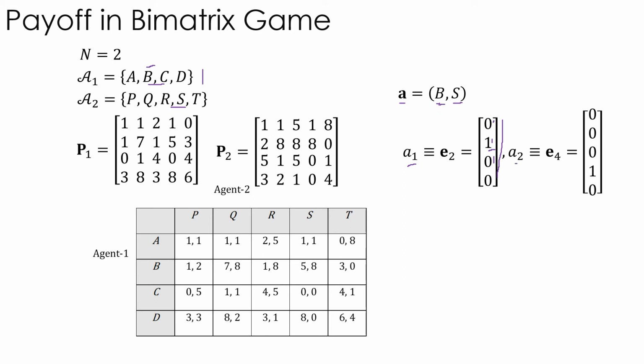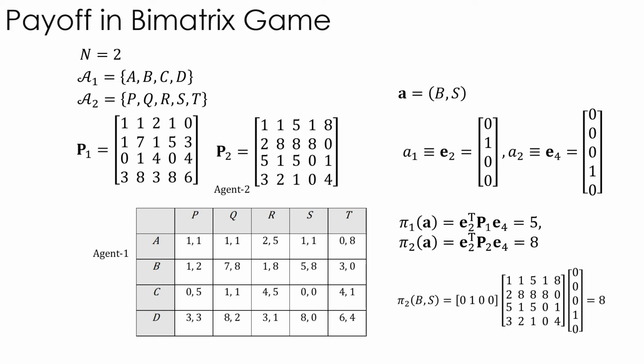Likewise, consider agent 2. Its action can be represented as a 5-dimensional vector because there are 5 possible actions, and since agent 2 picked S, the fourth action, we have a 1 in the fourth place here.